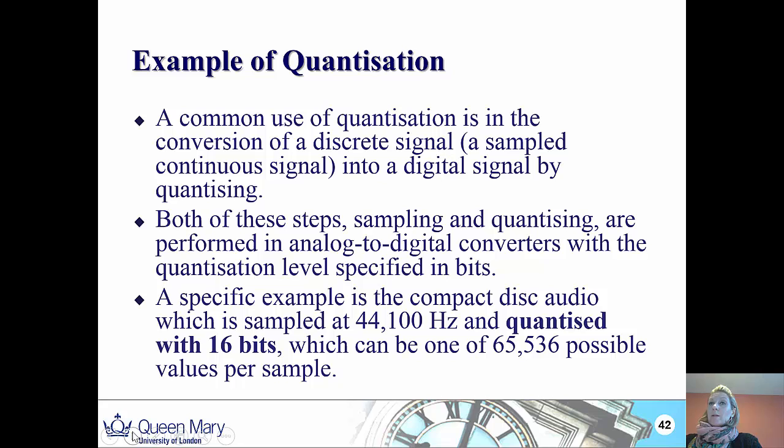A specific example is the compact disc, which is sampled at 44,100 Hz and quantized using 16 bits. Okay, so using those 16 bits, the actual value which is being represented can be one of 65,500 possible values.